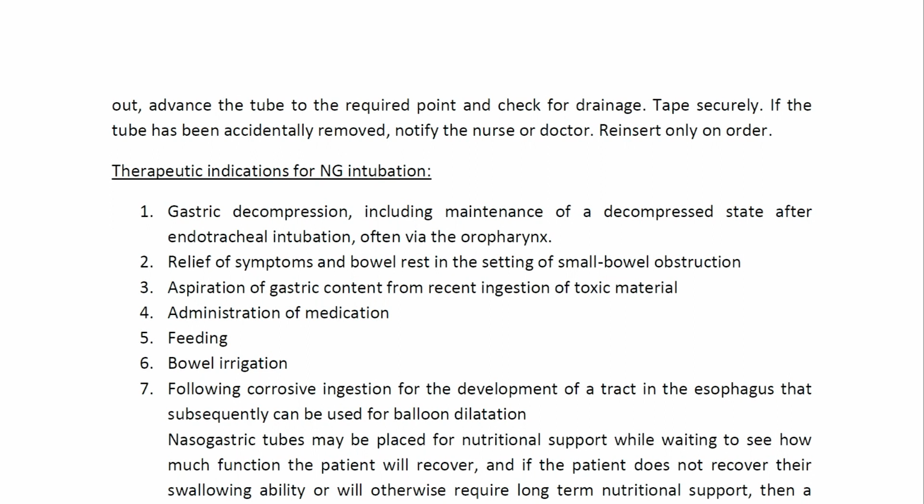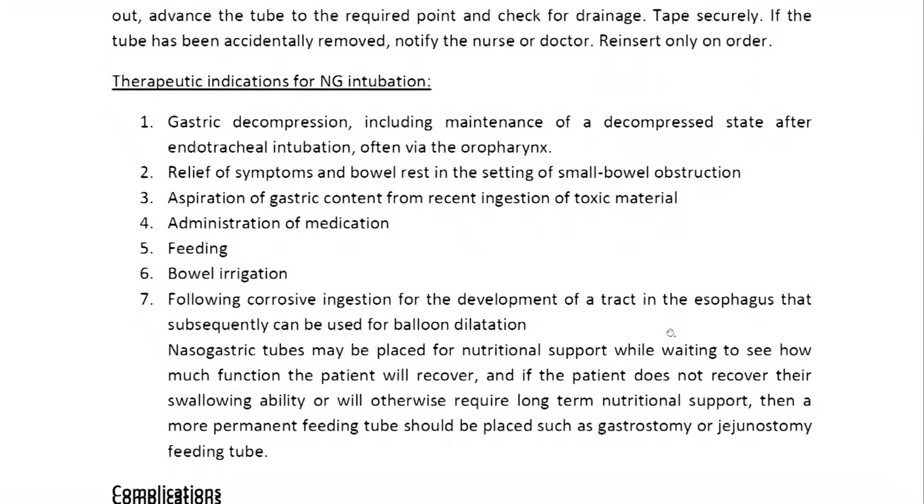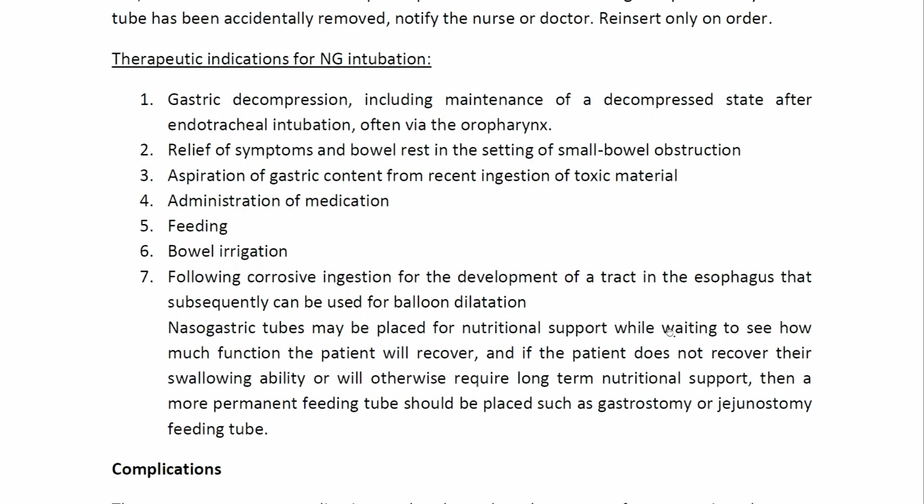Therapeutic indications for NG intubation. Gastric decompression, including maintenance of a decompressed state after endotracheal intubation, often via the oropharynx; relief of symptoms and bowel rest in the setting of small bowel obstruction; aspiration of gastric content from recent ingestion of toxic material; administration of medication; feeding; bowel irrigation; and following corrosive ingestion, for the development of a tract in the esophagus that subsequently can be used for balloon dilatation.